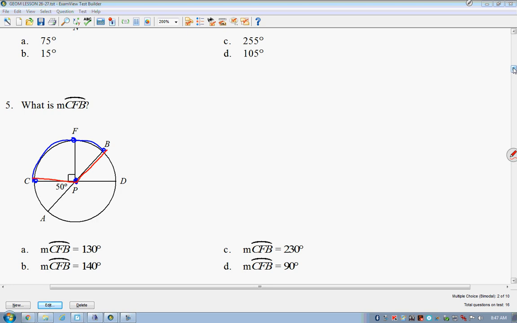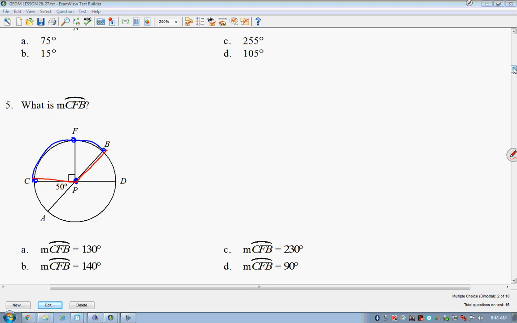So wouldn't 50 be corresponding to FPB? You're saying wouldn't 50 correspond to FPB? No, you're using the wrong term. It's not corresponding, it would be vertical.